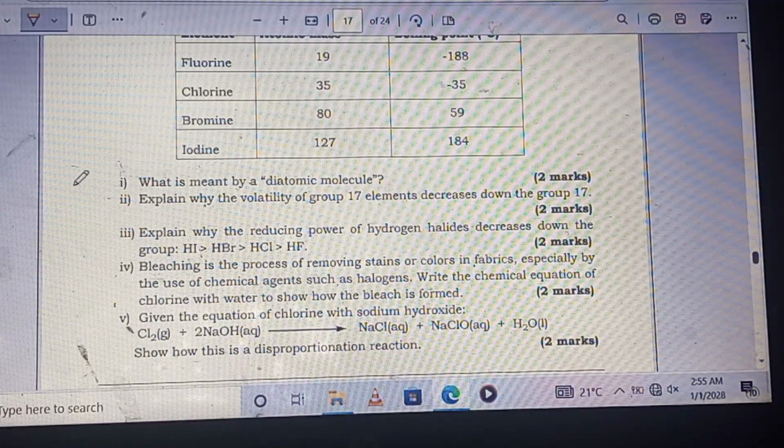For example, chlorine. Explain why volatility of group 17 elements decreases down the group. What do you think? Why does the volatility of group 17 elements decrease down the group?